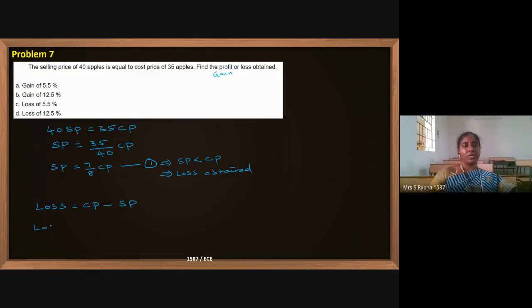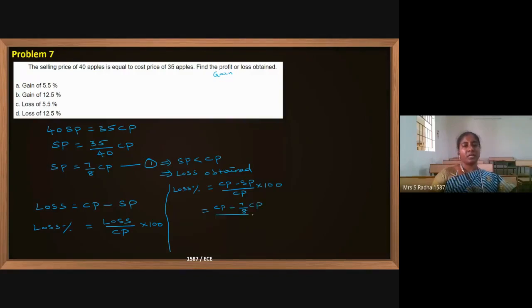So loss percent is nothing but loss divided by cost price into 100. Loss percentage equals cost price minus selling price divided by cost price into 100. Already we know that selling price is 7 by 8 times cost price.